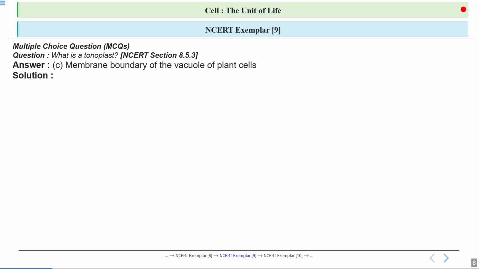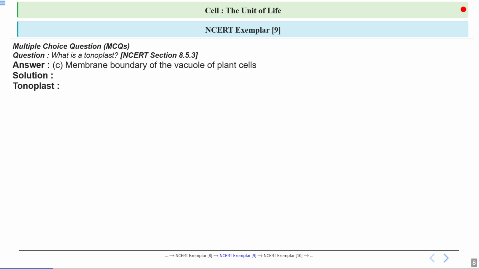So the membrane bound to the vacuoles of plant cell. Vacuoles we see in the case of plant cells, and they are quite large, very large, right? Big size. And they have a membrane. This is a membrane bound organelle, vacuole. And a particular name is given to the membrane, that is called tonoplast, right?